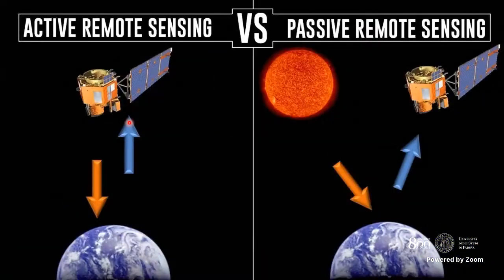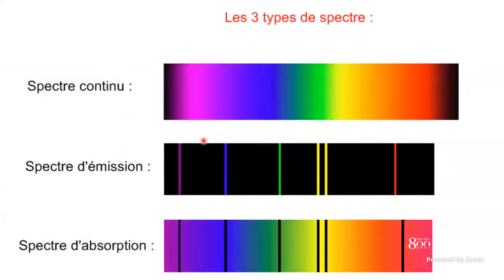So if we have missing layers here, like we see here, we have a precise idea about the elements composing that object. For example, each element has its own fingerprint. So, for example, an element has green in the green spectrum.